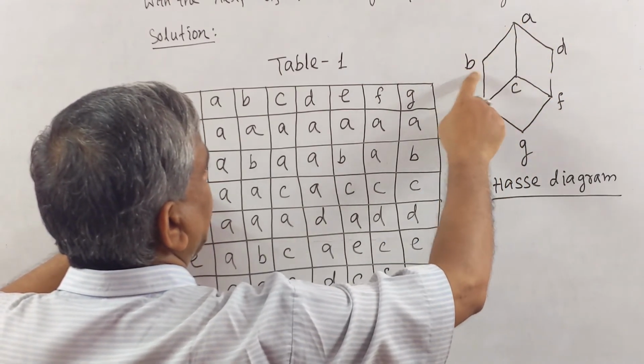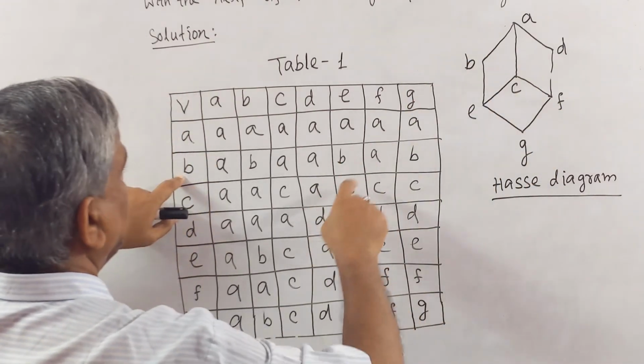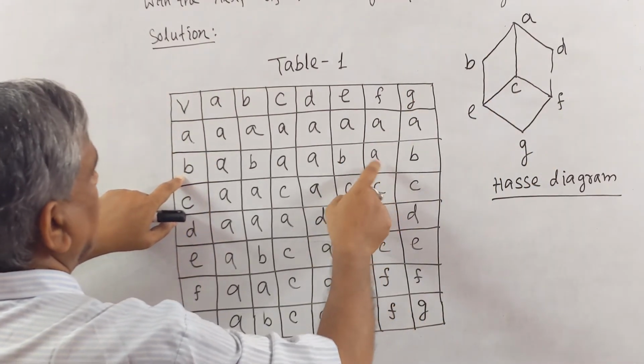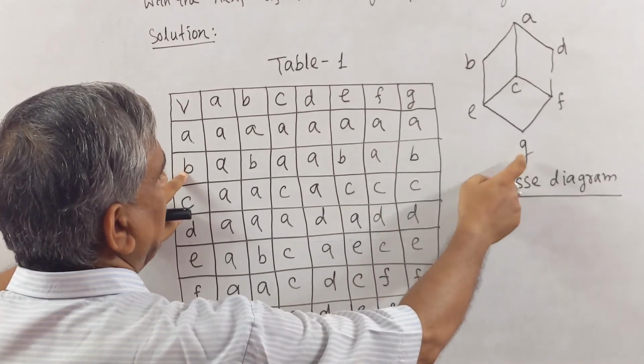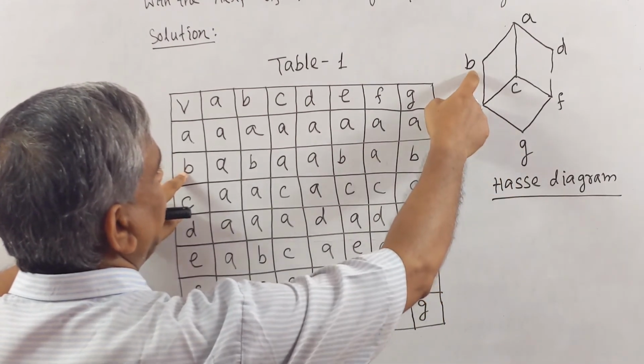So supremum of B and F will be A. Supremum of B and G: G is in the lowest position, so supremum will be B.